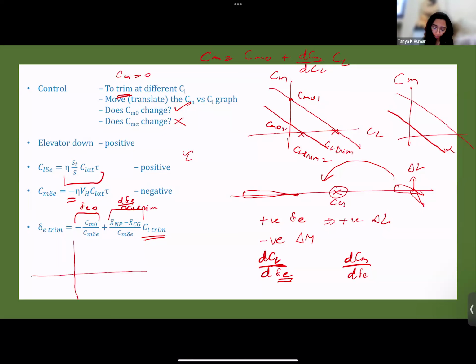So let's just plot this. Now, how will the graph look? So this is delta E, and this is CL trim. Will the intercept be positive or negative? This CM naught by CM delta E, will it be positive or negative? The y-intercept, delta E naught.